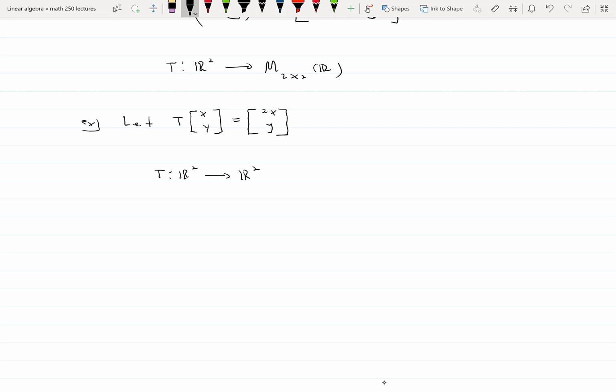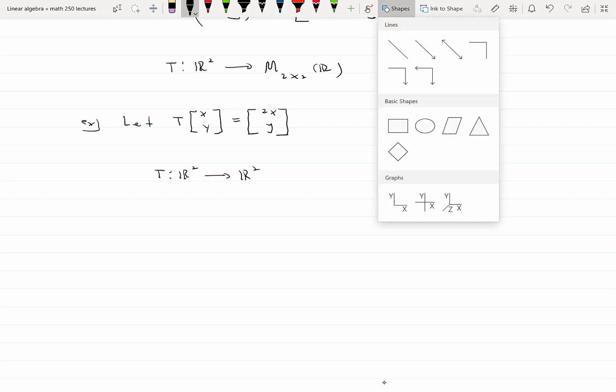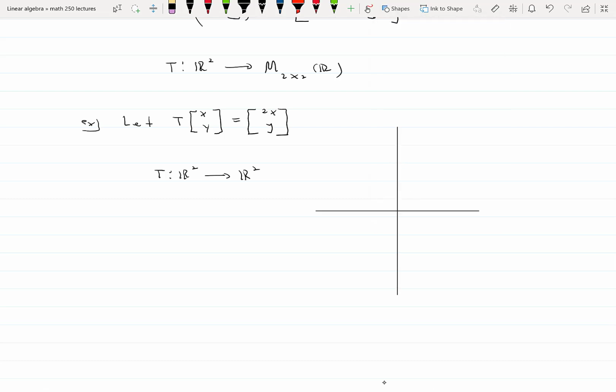And we can view R2 as the XY plane. So specifically, what's it doing? Okay, let's take a look at a point in the XY plane. Here is the XY plane, and here's a point. I want to stretch out the x-axis a little bit.